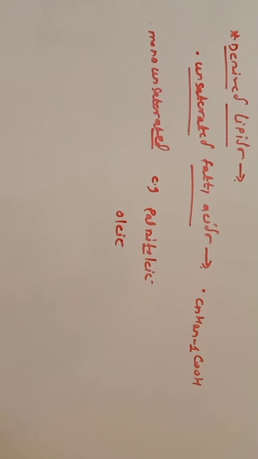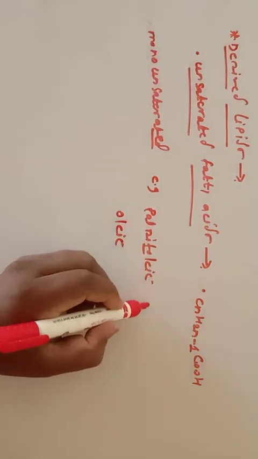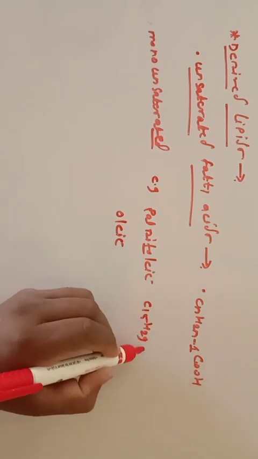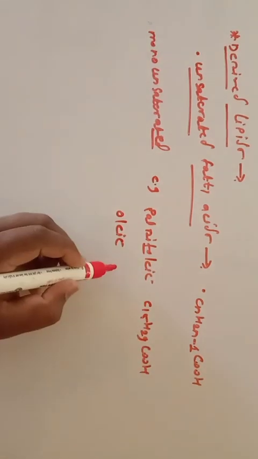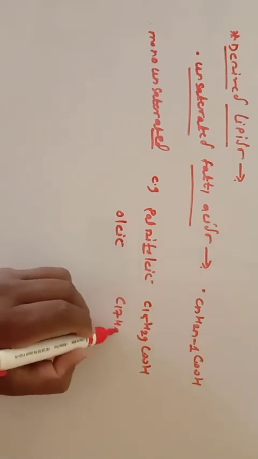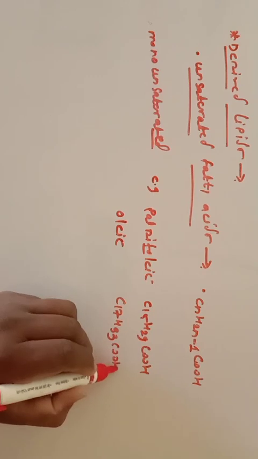If you see the formula, palmitoleic is C15H29COH, and oleic acid is C17H33COH group.